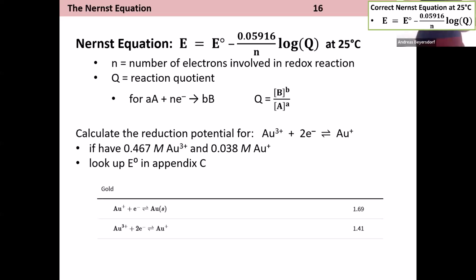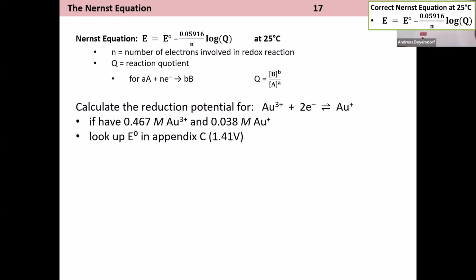Always be careful when you look these up that notice both these involve gold. But the specific reduction potential we want is the one that involves gold at the specific charges we're looking at. So in this case, we're going from 3 plus to plus. So that means we'll use 1.41.